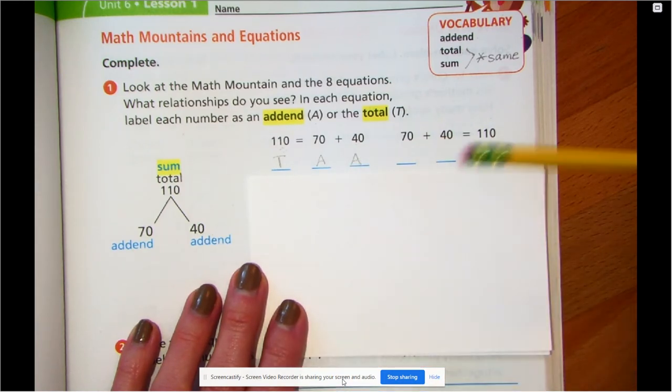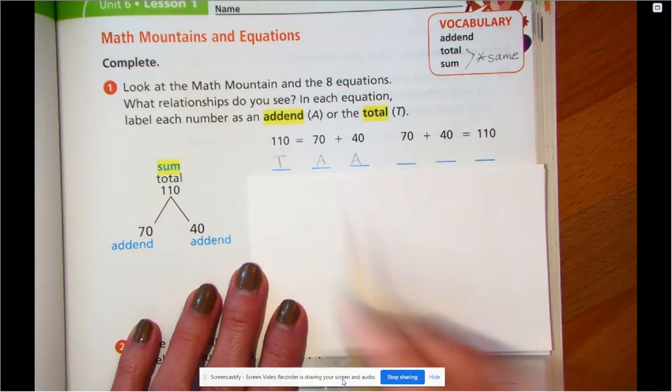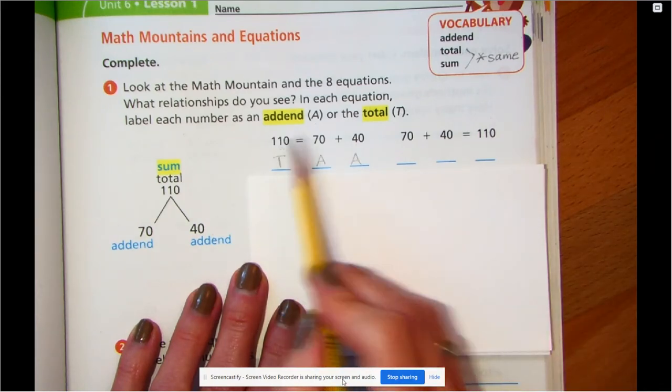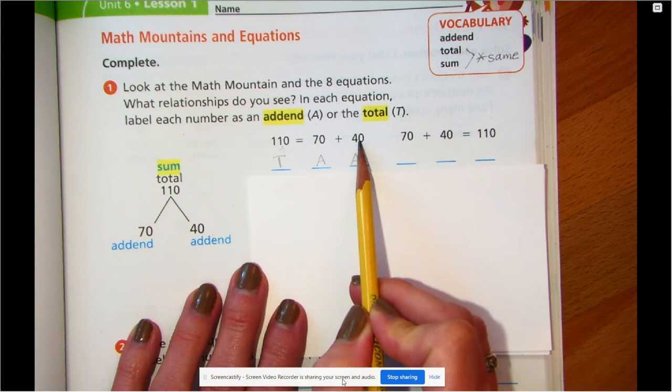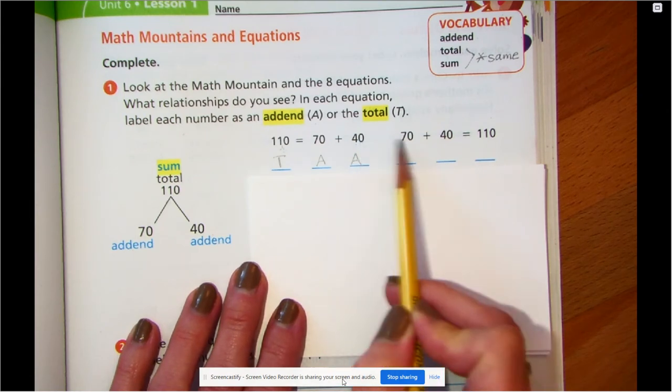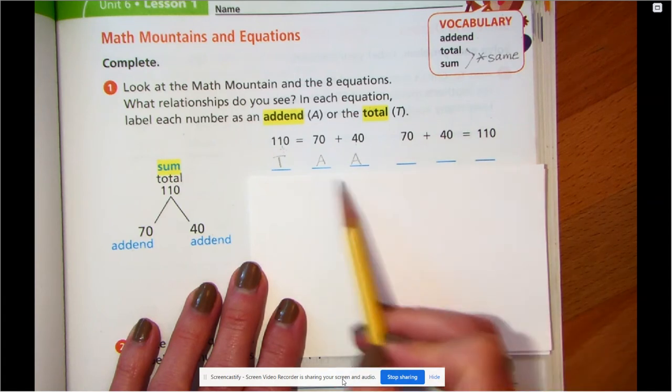And then I want you to look at this one next to it. All they've done is they've taken that total and they've flipped it and put it on the other end, right? Because 110 equals 70 plus 40. But another way to say it is 70 plus 40 equals 110, right? We can say it both ways.